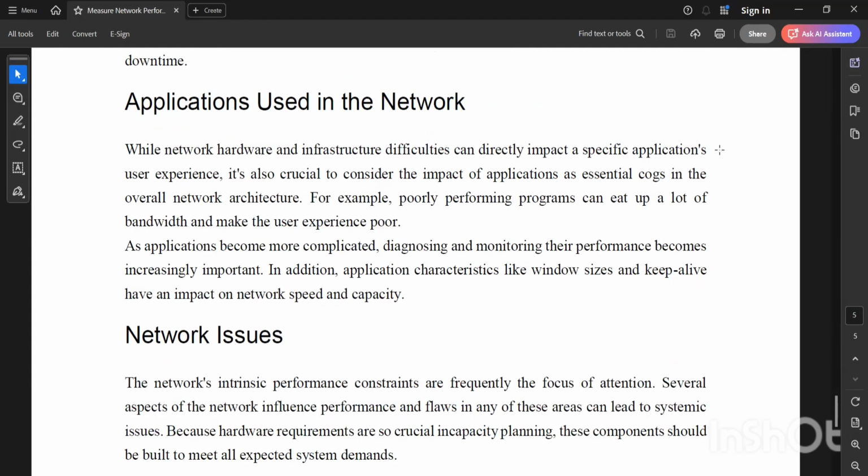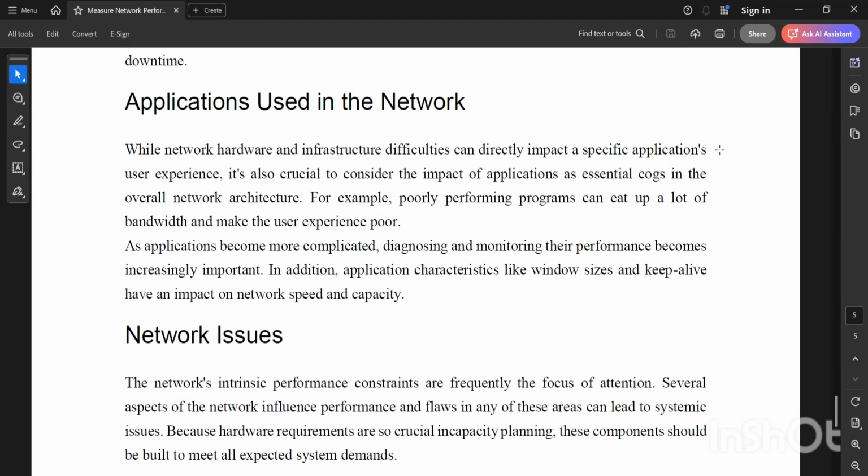Here are some applications used in the network. While network hardware and infrastructure difficulties can directly impact a specific application's user experience, it's also crucial to consider the impact of applications as essential cogs in the overall network architecture.